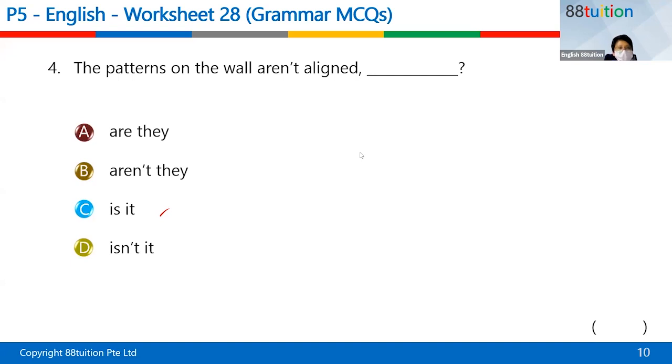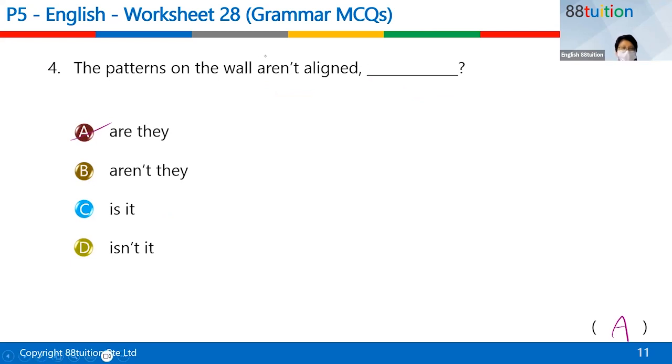The patterns on the wall are not aligned. You must try and break it up, okay? Because this is negative, and therefore this one will be positive, right? Wow, 10. Okay.